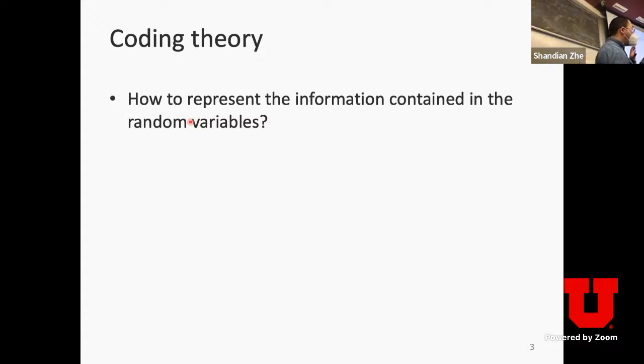The more uncertain the random variable's value, the more information it contains.